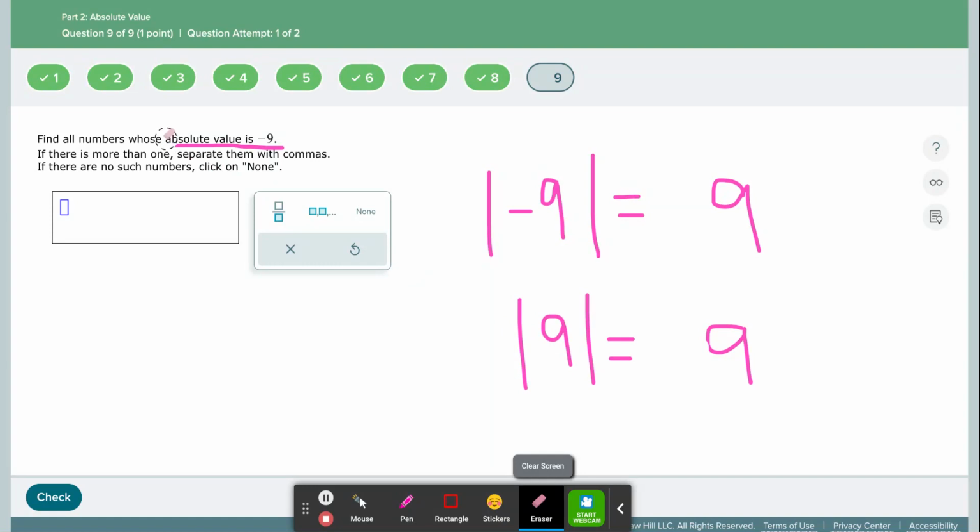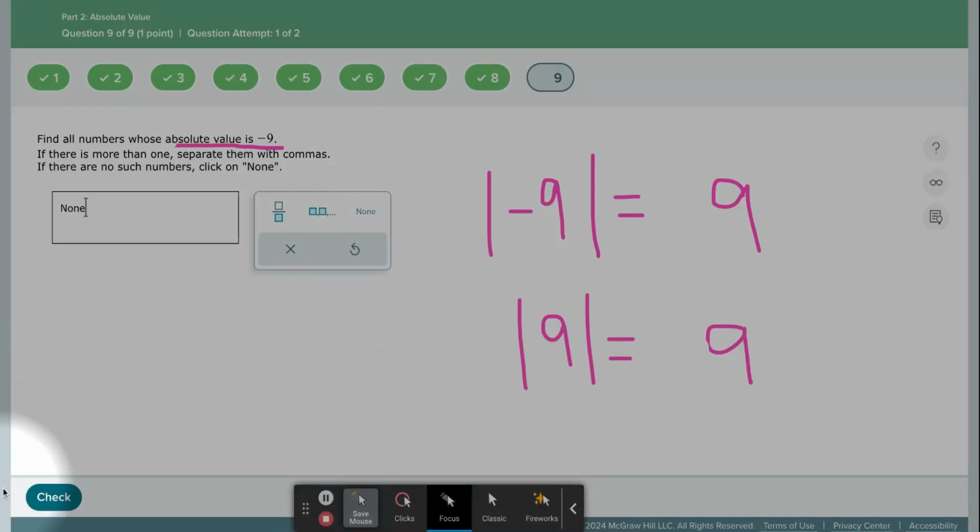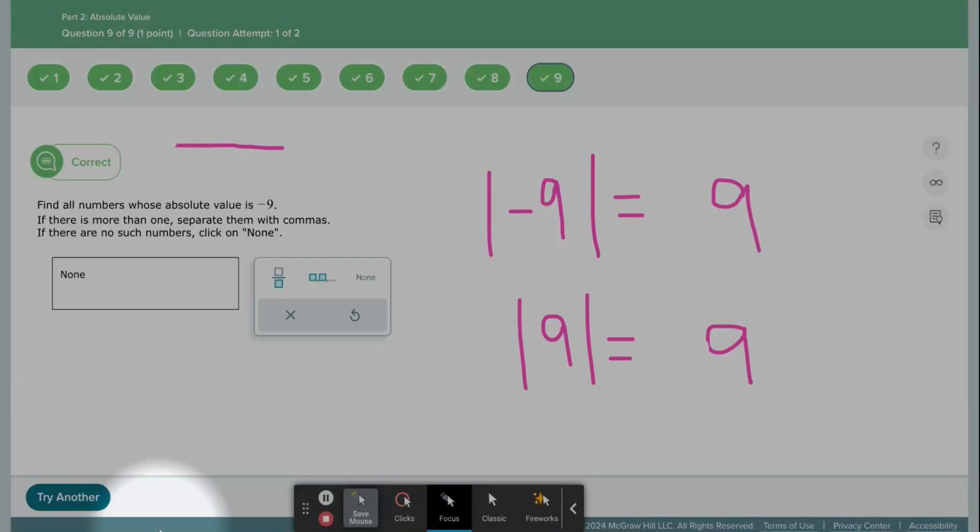So when they say, if there are no such numbers, click none, this is an example of it. It is not possible to get an absolute value of -9 because absolute value is always positive. Cool. I'm glad we got that example out of the way, and that is your assignment.